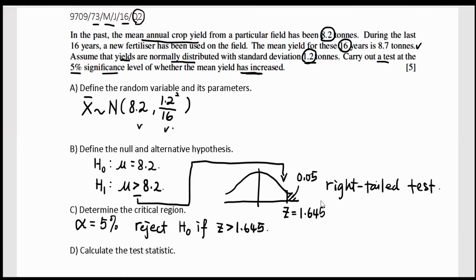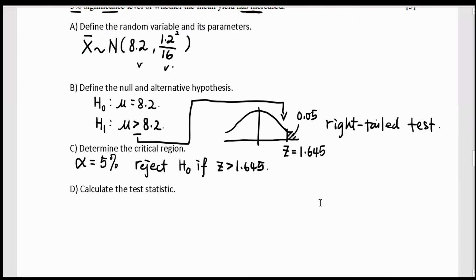Now I have determined the critical region, so we need to calculate the test statistic. So what is the test statistic here? I'm going to find out the z-score, which means the standardization is the test statistic here.